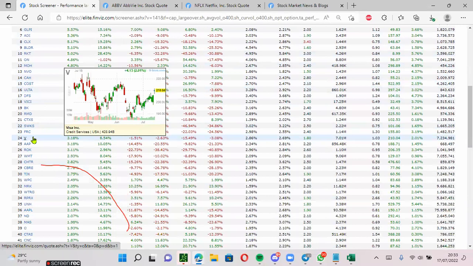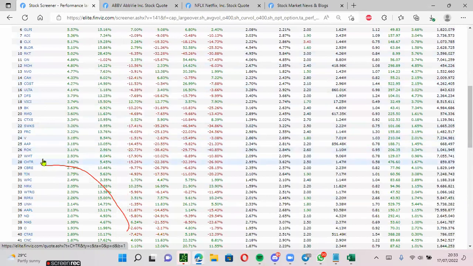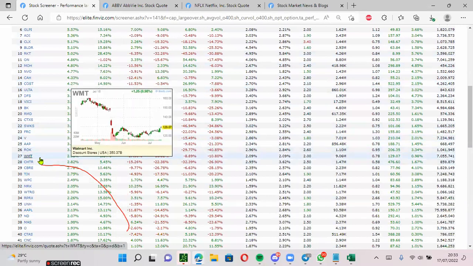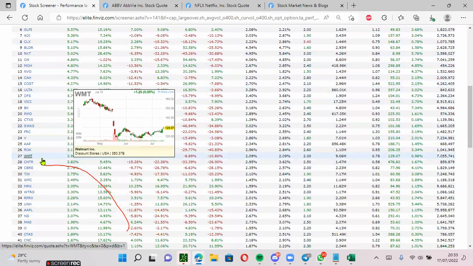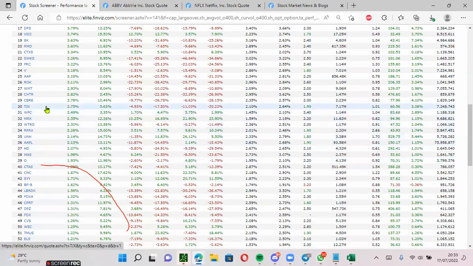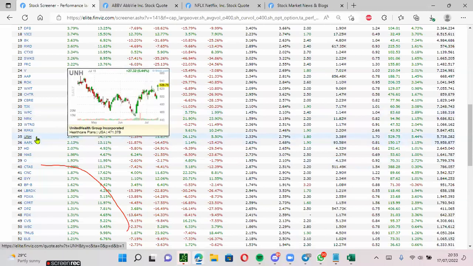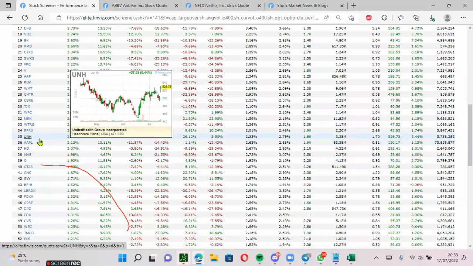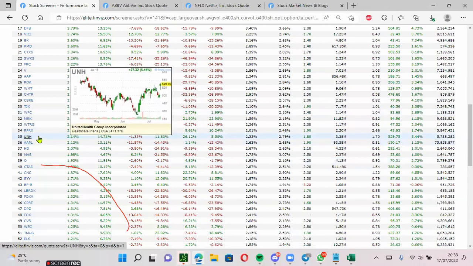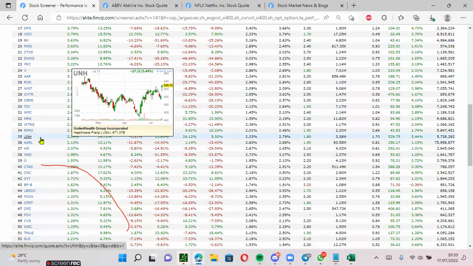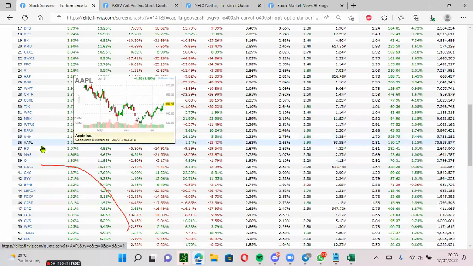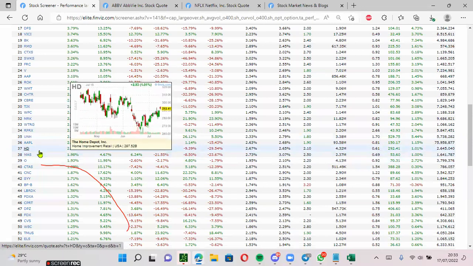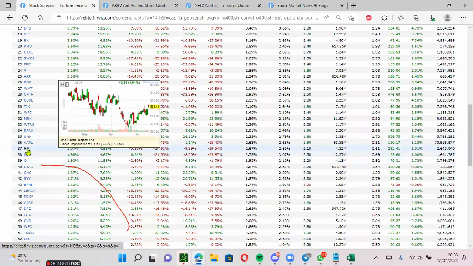Visa is also breaking out, slow and steady. Walmart is also, because again, it all depends on the overall market. United Healthcare is a good stock. It can actually go to the 600s, at least 550. Apple is good. Home Depot is also actually breaking out.